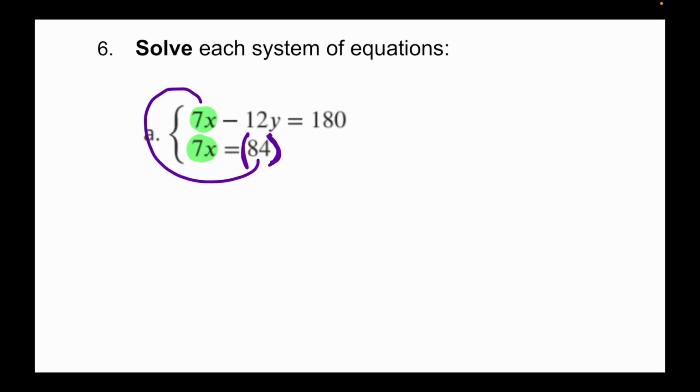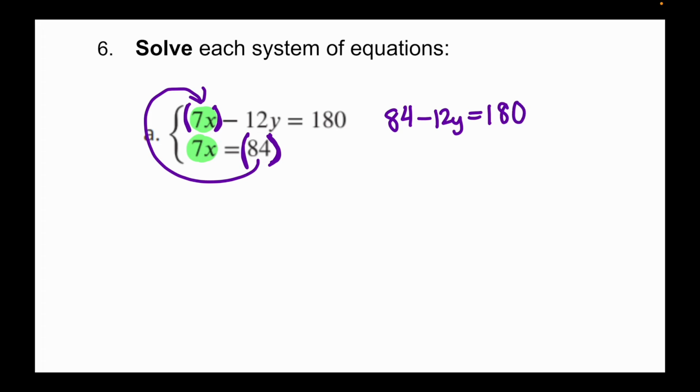So we're going to take 84 and plug it in for the entire term here, since we're not just solving for x. I'm going to take 84 and plug it in that entire place. So I would have 84 minus 12y equals 180.